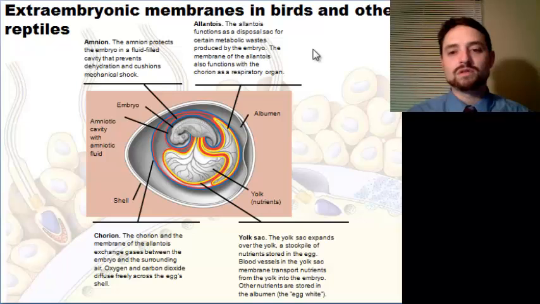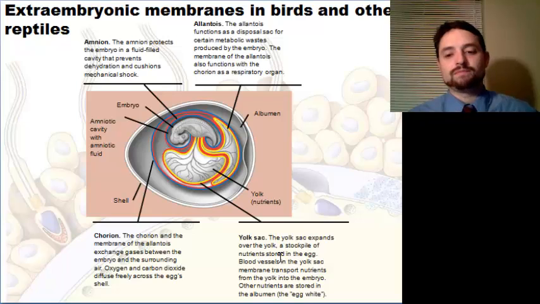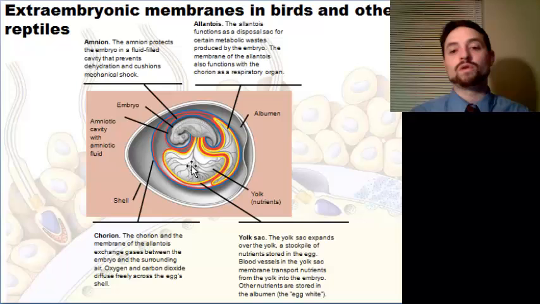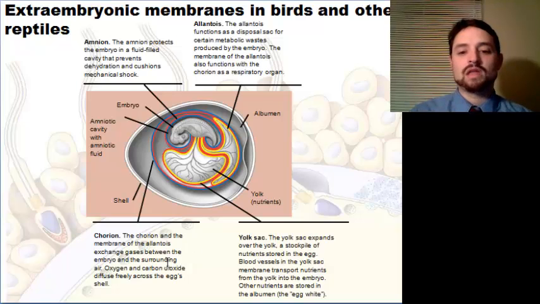The allantois functions as a disposable sac, and this will be what picks up the metabolic waste during development. The yolk sac contains a stockpile of nutrients for the egg, and then the chorion, which is the membrane of the allantois, helps exchange gases. That's its job.